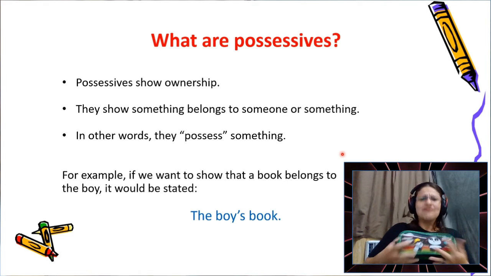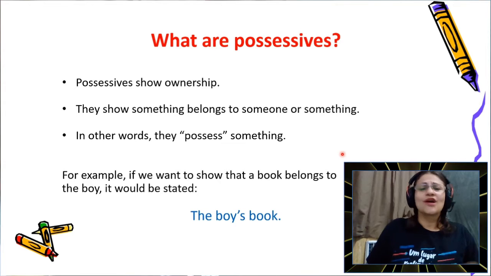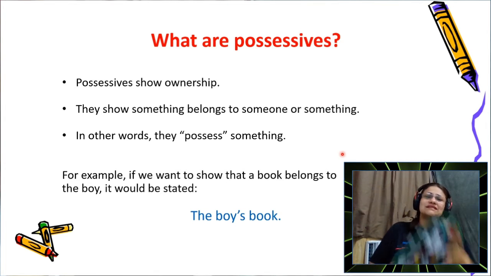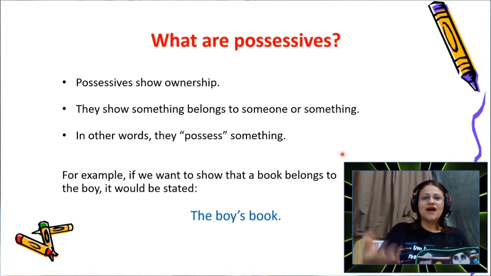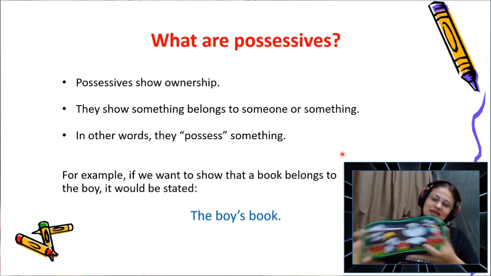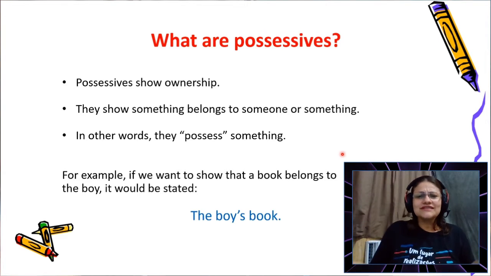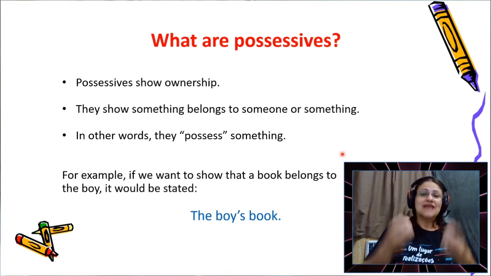And this is my pencil case, okay? It belongs to me. So, this is what I'm talking about, that something belongs to someone. In this case, this pencil case belongs to me. So, in other words, they possess something.